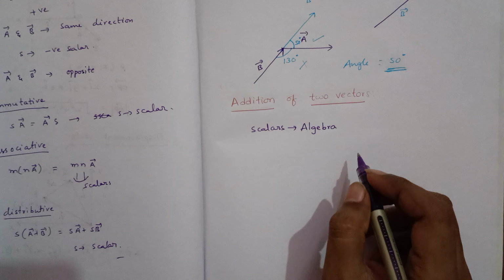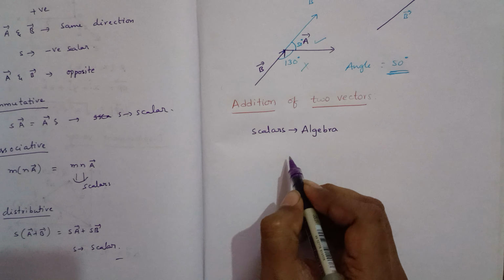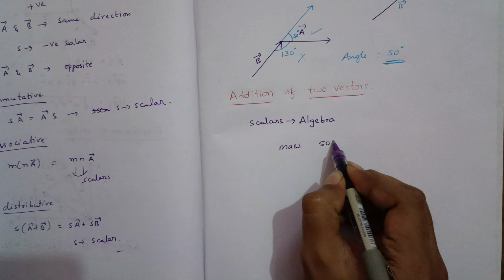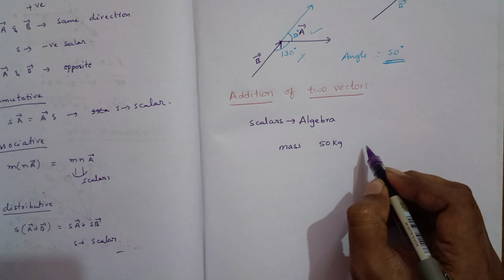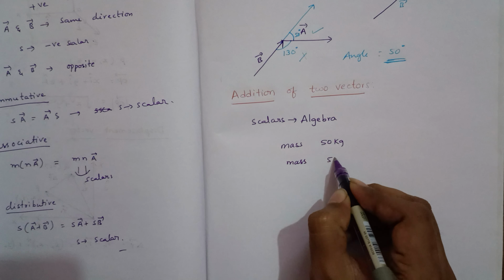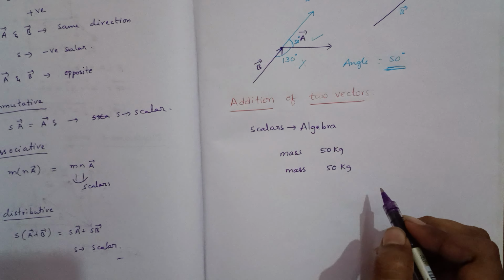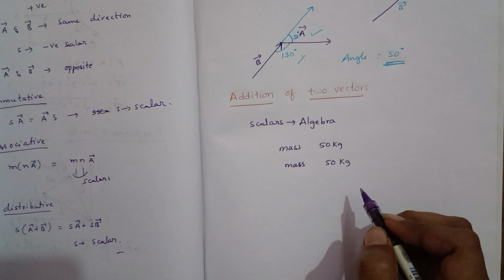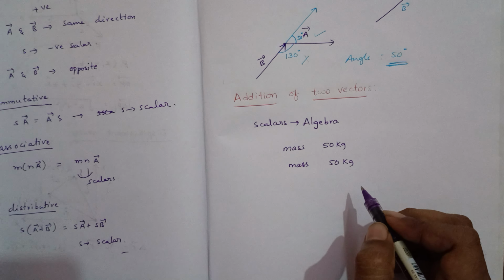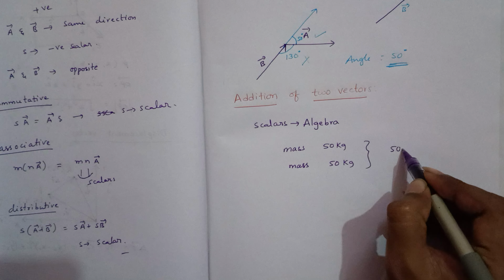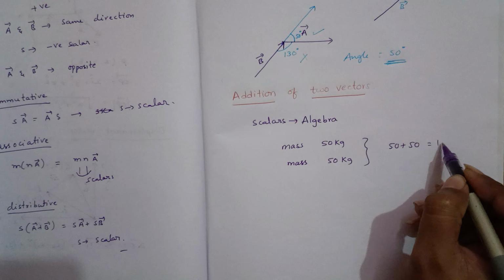For example, if a mass of 50 kg is added to another mass of 50 kg, the result is exactly 50 plus 50, 100 kg.